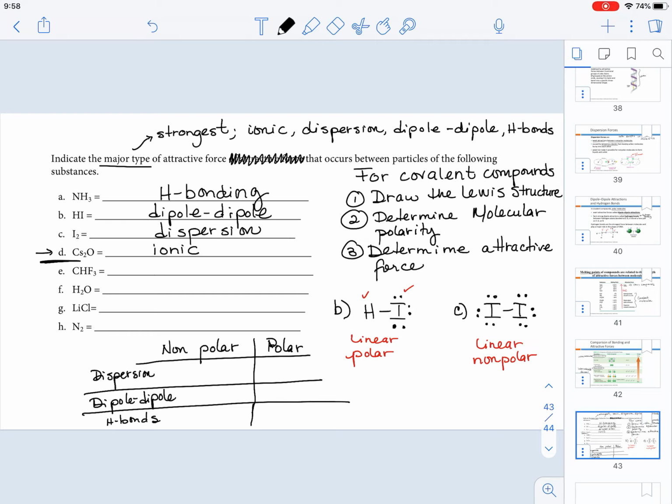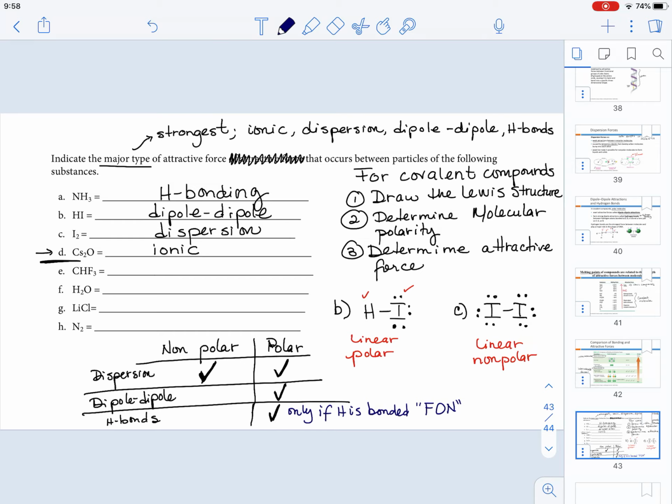Nonpolar molecules only have dispersion forces. Polar molecules, because they have electrons, have dispersion forces, but dispersion forces are not going to be the strongest. For polar molecules, the strongest are going to be dipole-dipole or hydrogen bonding. And remember that for hydrogen bonding, only if hydrogen is bonded to fluorine, oxygen, or nitrogen.